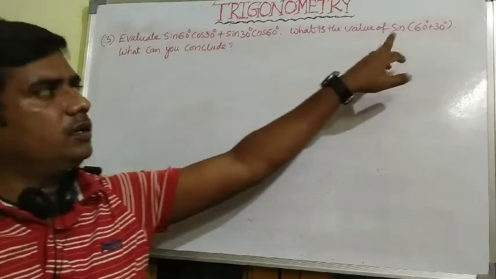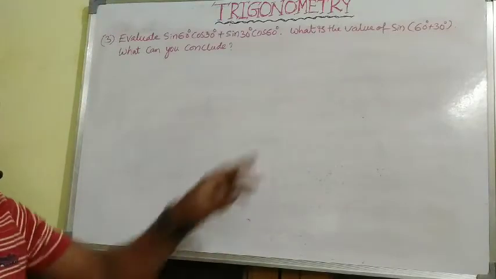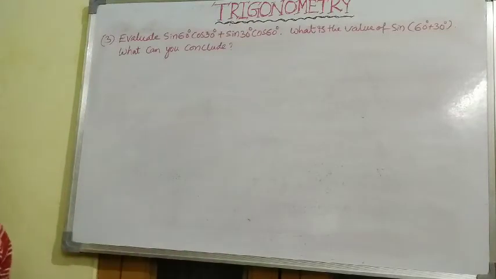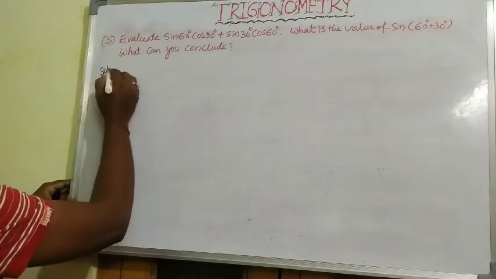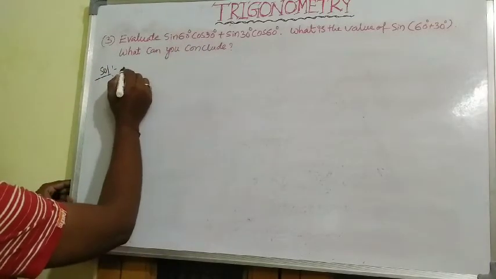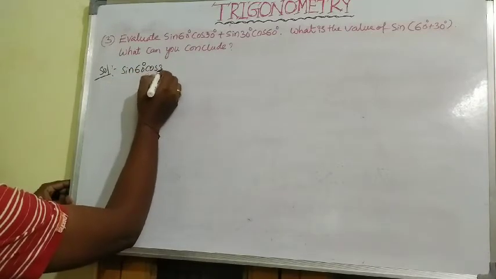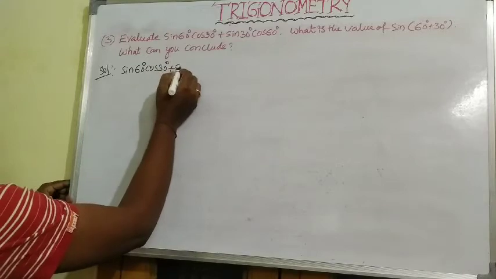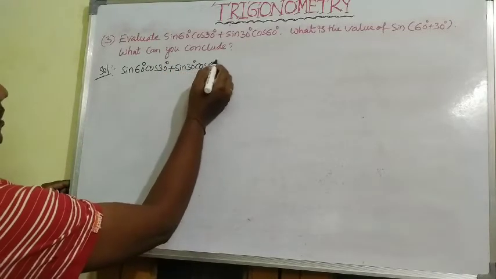Then after that, sin (60 plus 30) value we have to evaluate. From these two, what we conclude, we have to write. So first, let us calculate this value: sin 60 degrees cos 30 degrees plus sin 30 degrees cos 60 degrees.